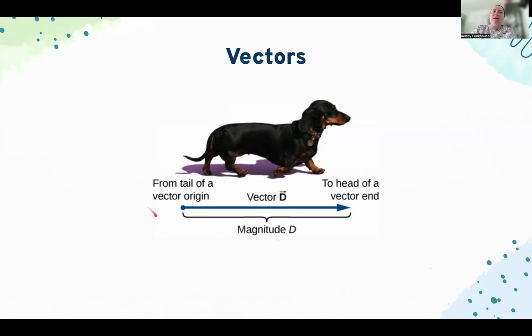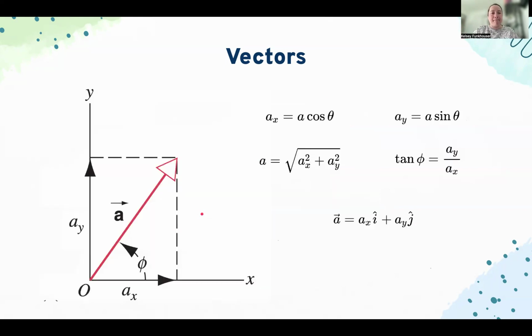And so we have our example of our dog here, from the tail to the tip or the head. So this gives us the magnitude is this big, and it points to the right in direction. So this is how we are going to work to understand vectors.